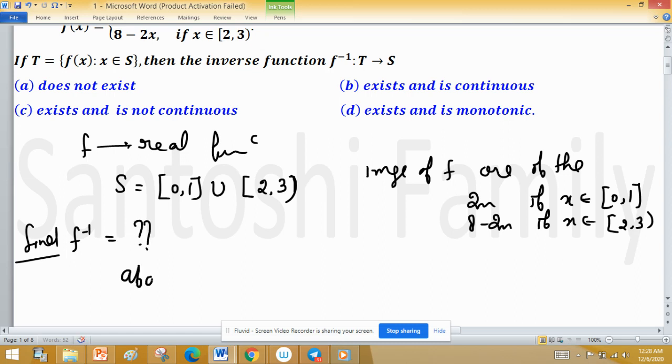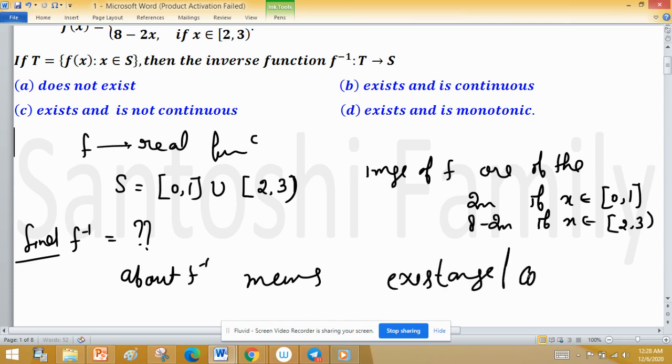And about f inverse means existence, continuity, and monotonicity. These three types of options we have, and we will discuss one by one.